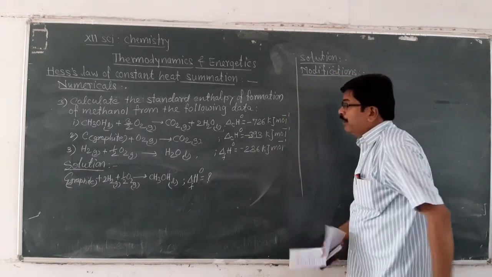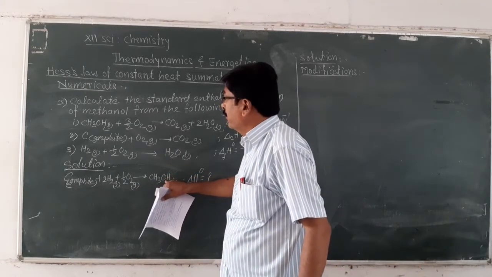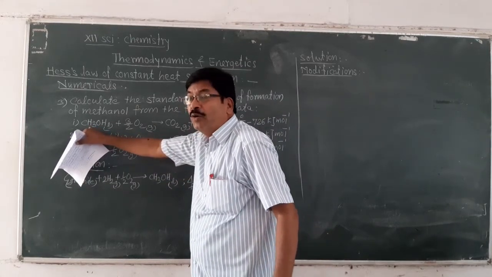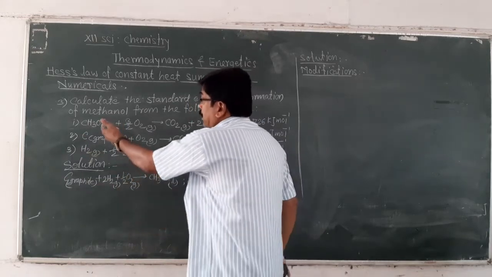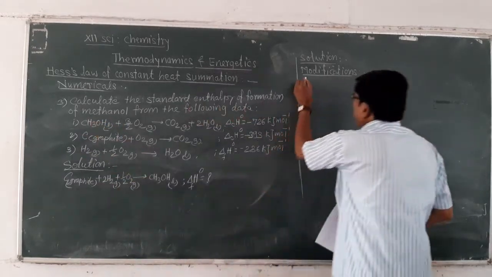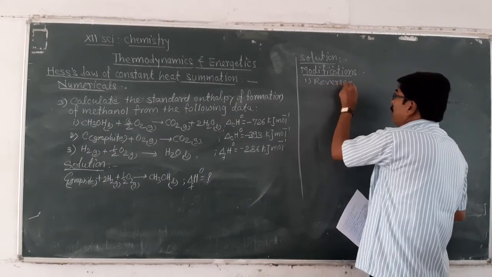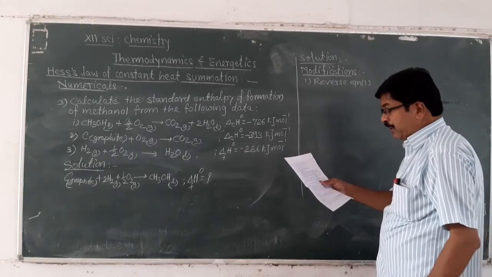Now see, here 1 mole of methanol is present on the product side. We require it on the product side. But in the first equation, 1 mole of methanol is given, but it is on the reactant side. Therefore, the first equation is to be reversed. Reverse equation 1. This is the first modification.